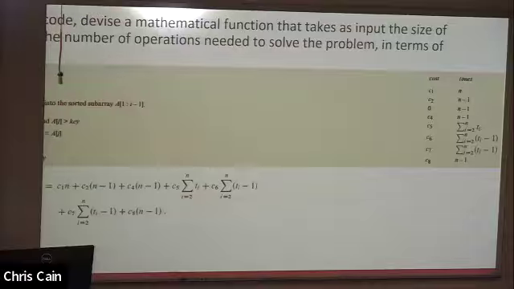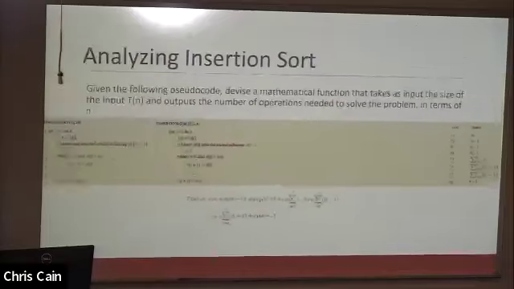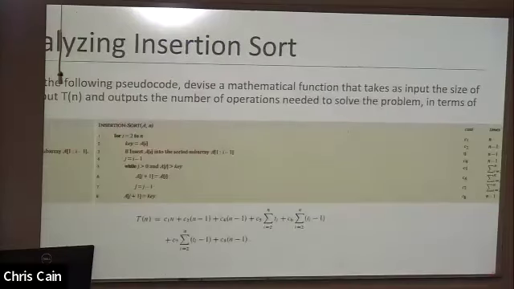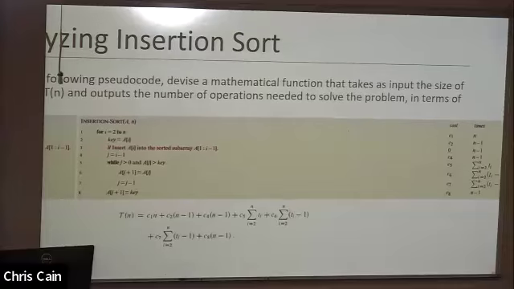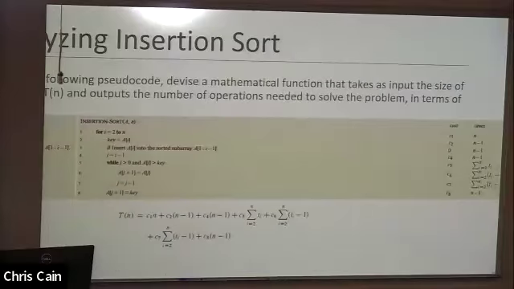So if we look at, I should zoom out just enough to see the code and this, we see that the while loop itself is being run n minus 1 times, which is based on this summation of i equals 2 to n. But how many times are we running that statement?